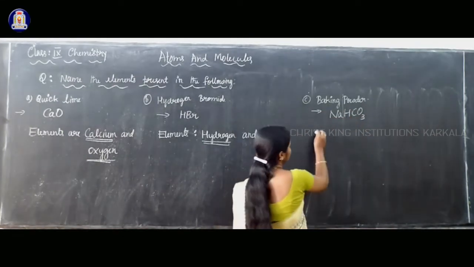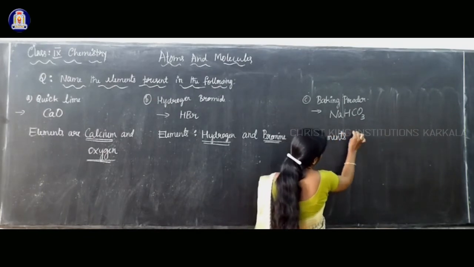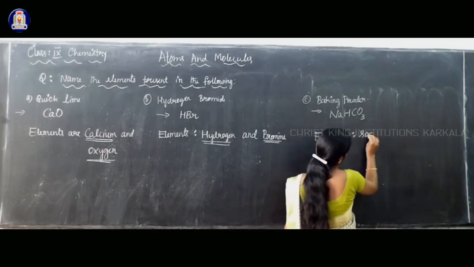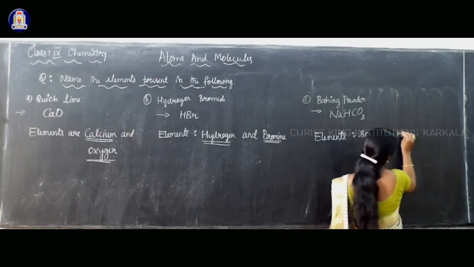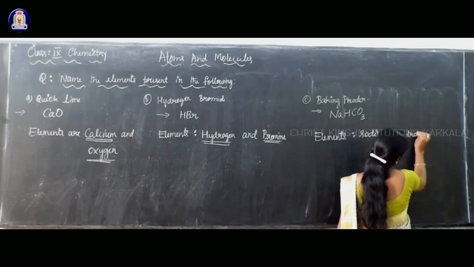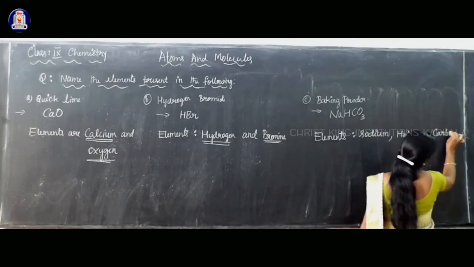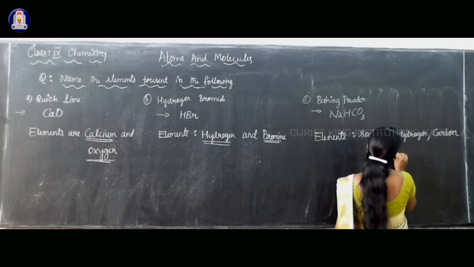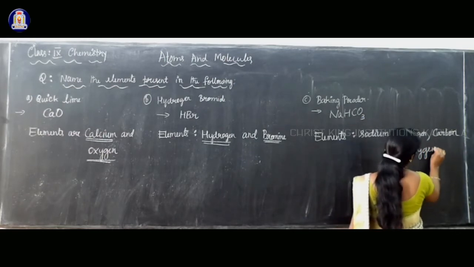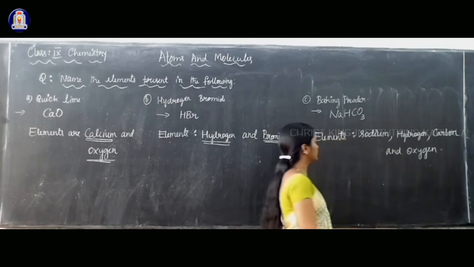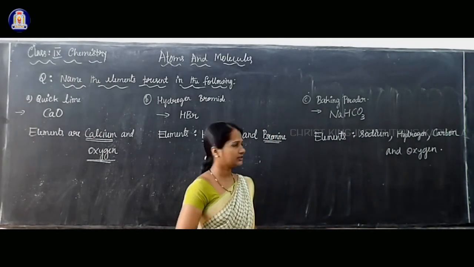So the elements present here are sodium, hydrogen, carbon, and the fourth element is oxygen. In baking soda, the elements present are sodium, hydrogen, carbon and oxygen.